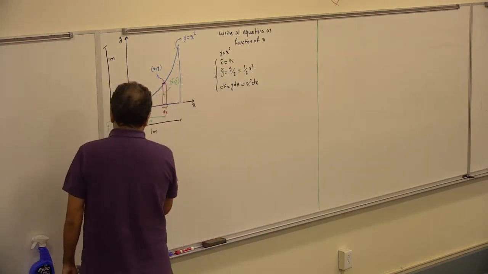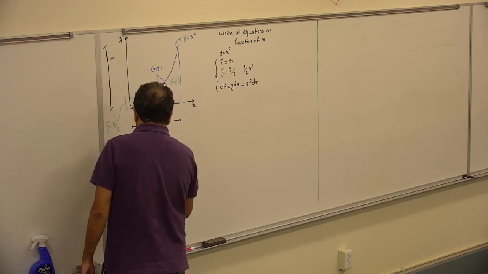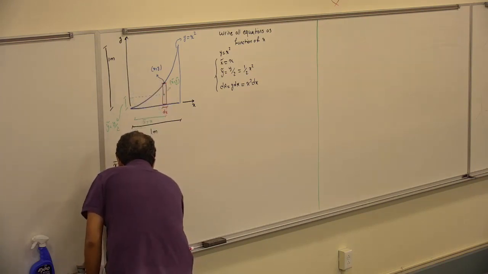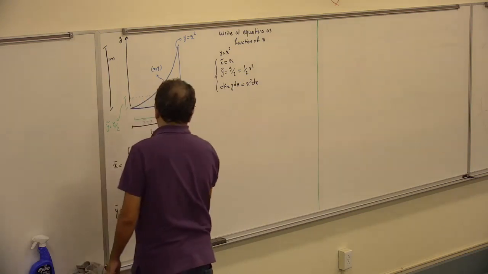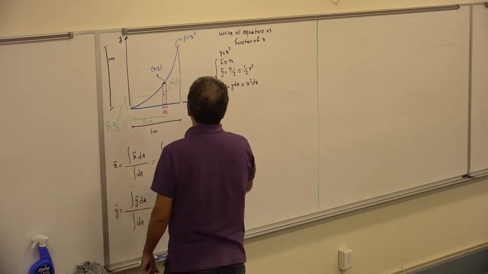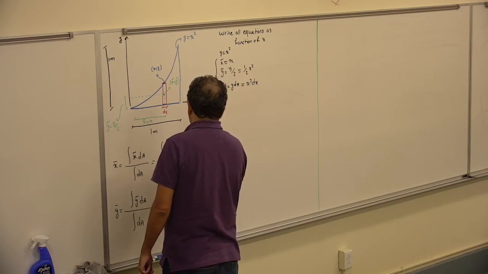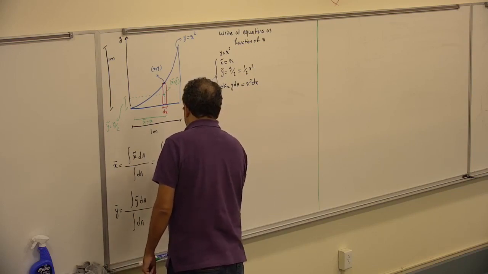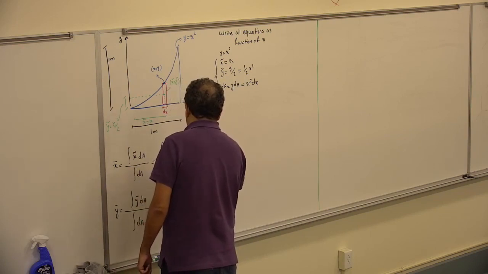Then x bar is the integral of x tilde dA over the integral of dA, and y bar is the integral of y tilde dA over the integral of dA. So x tilde is x, dA is x squared dx.